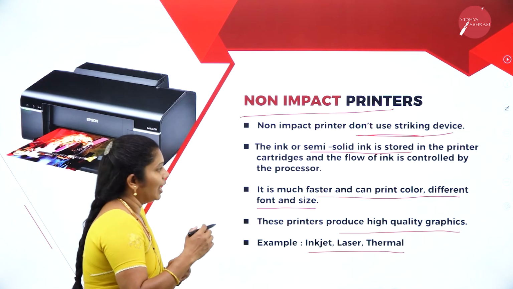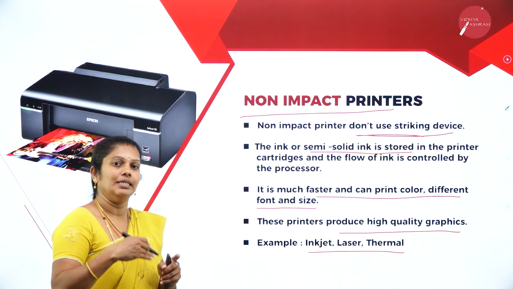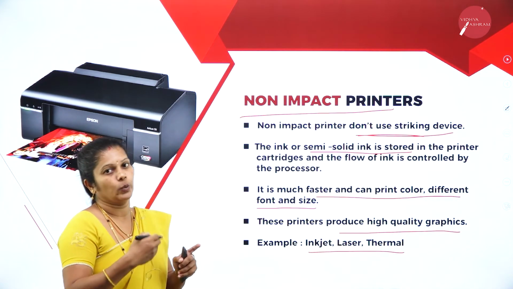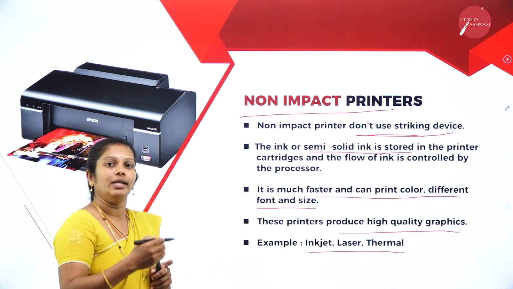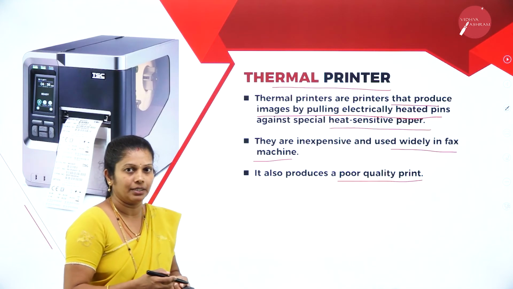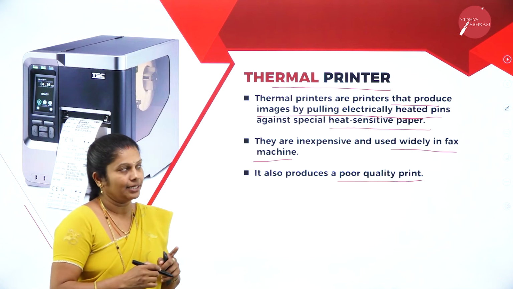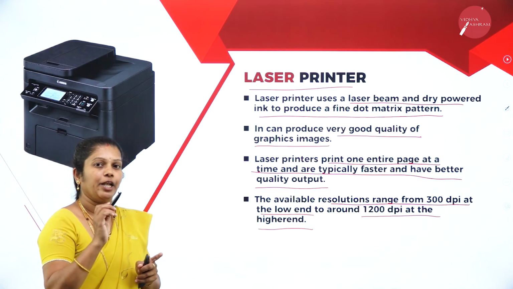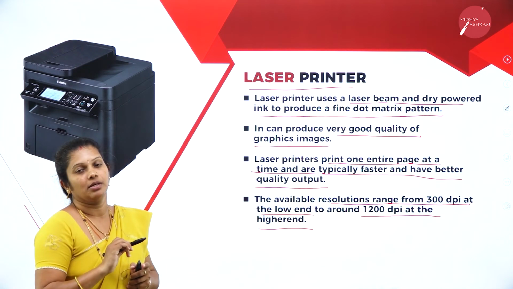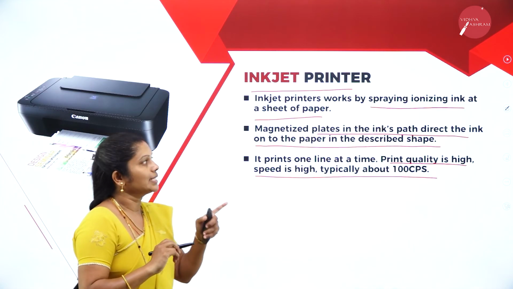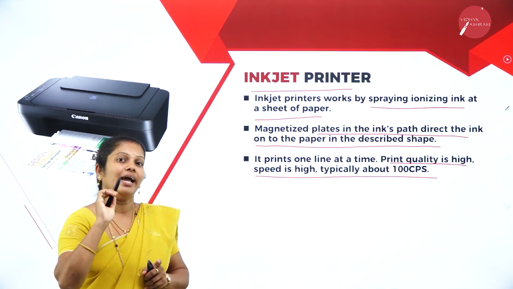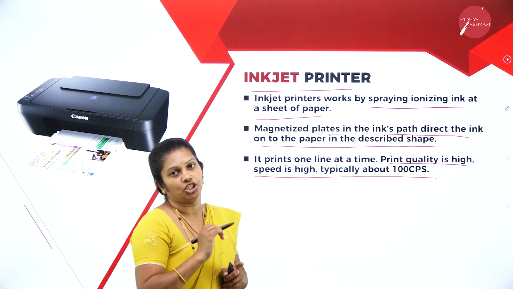Non-impact printer, under that we are going to get different colors, styles, designs, and the quality is also very good. Thermal printer uses heat-sensitive paper to print the data, whereas laser printer uses laser beams to print the data, whereas inkjet printer uses electrically charged ink on a sheet of paper.